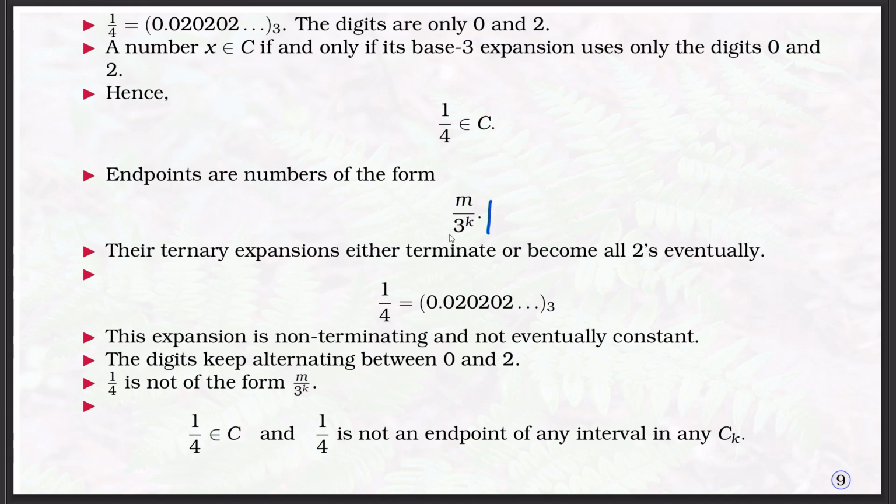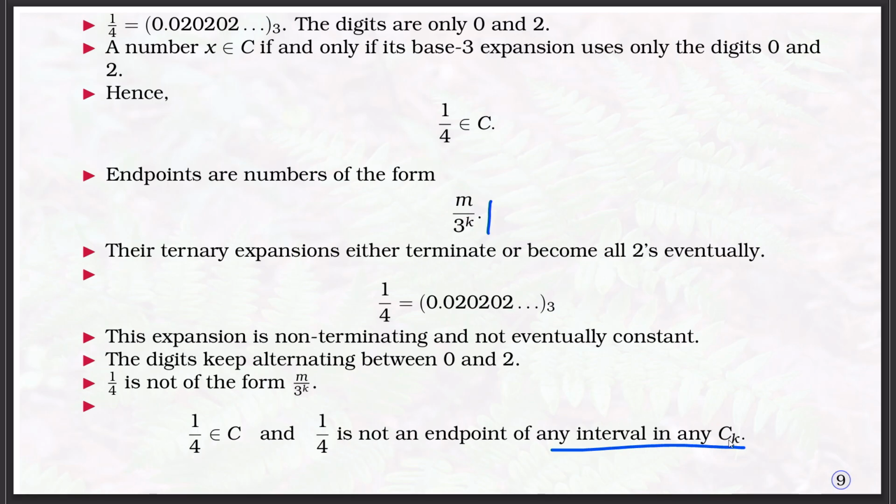But the base 3 expansion of 1/4 is non-terminating and not eventually constant; the digits keep alternating between 0 and 2. Therefore, 1/4 is not of the form m/3^k. So, one can conclude that 1/4 is not an endpoint of any interval in any of the Ck, and yet the number 1/4 is a member of the Cantor set.